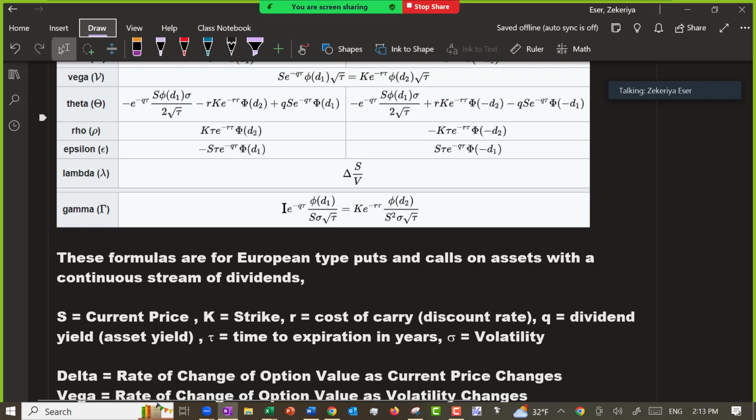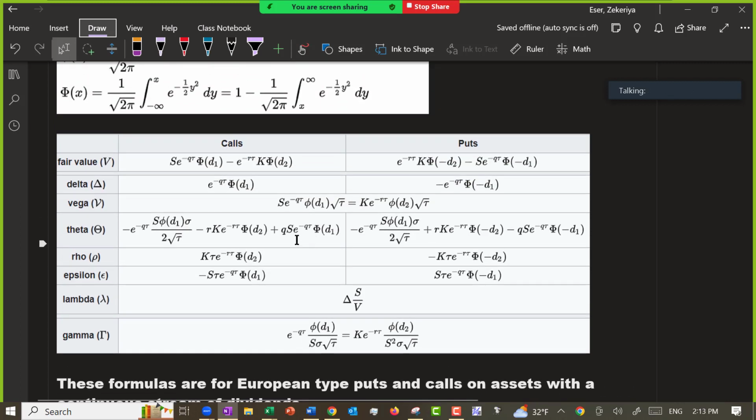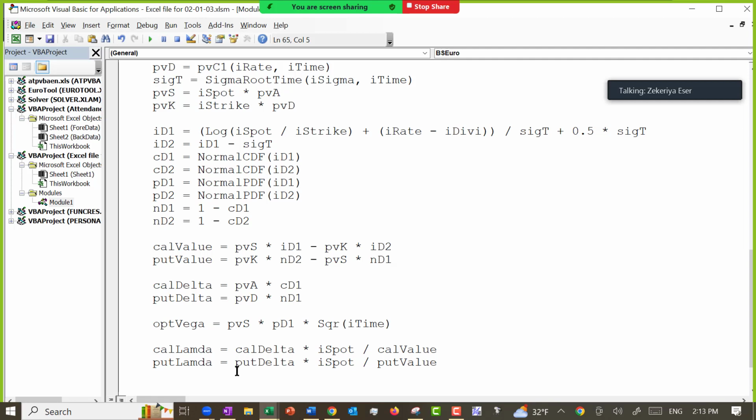Okay. Let me see if I need something like that in anything else. Let's calculate gamma. Gamma is the rate of change of the delta itself with respect to price. And it's actually one of the more important Greeks when you're hedging the risk of this sort of stuff.